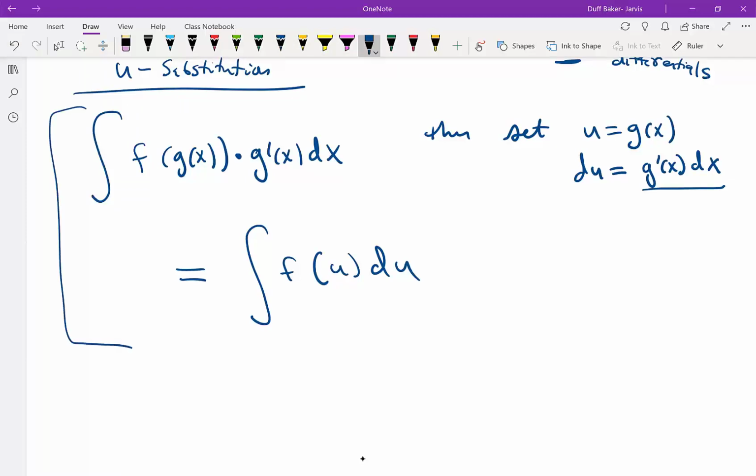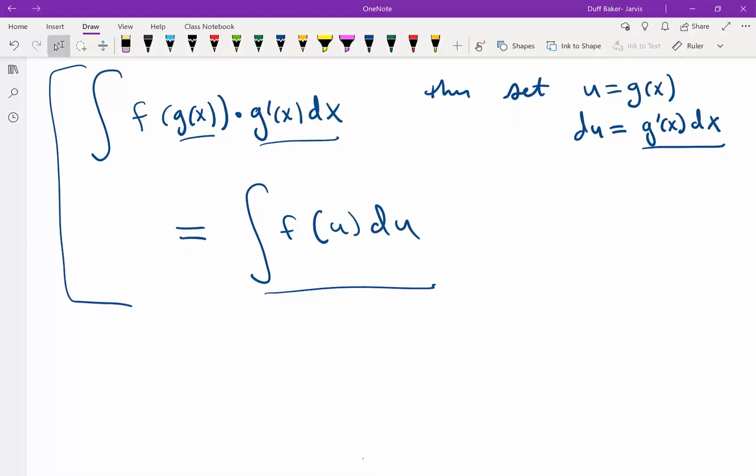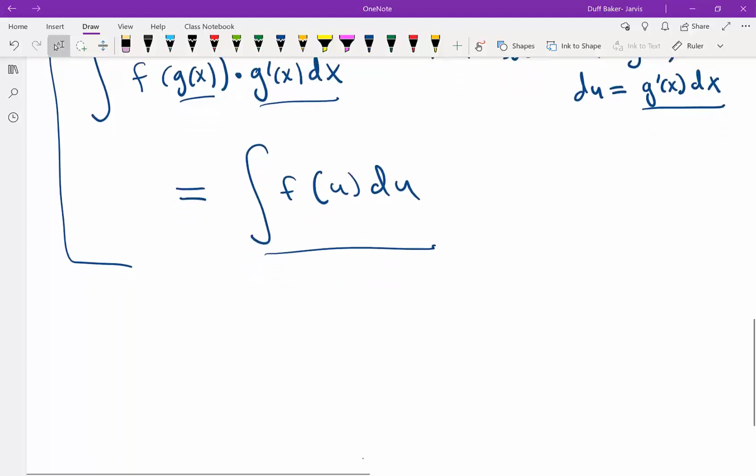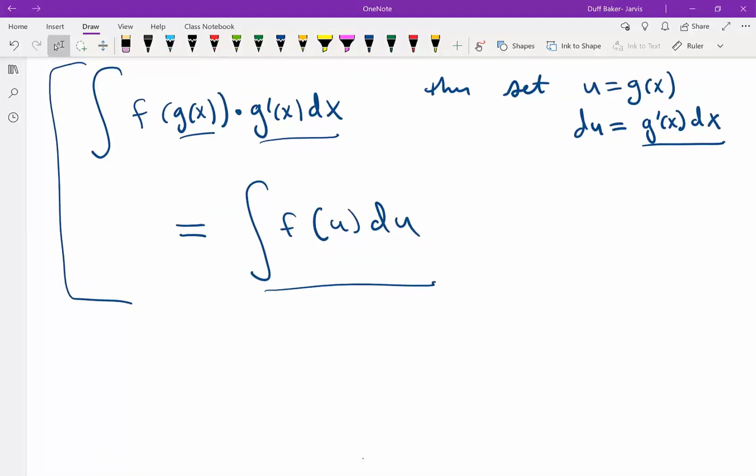If you can find something with the pattern g and then g prime dx somewhere else, or at the end, you can turn it into a simpler integral. And hopefully you can do the simpler integral, maybe not the one you started with. So that would be for indefinite integrals.